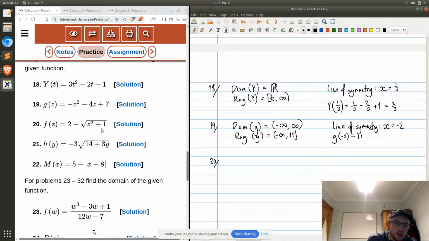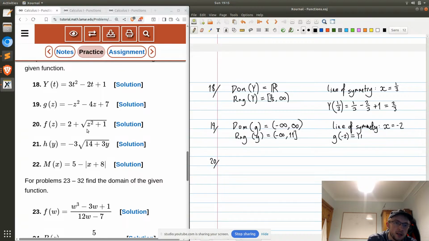While we're here, we'll try problem 20. So here we have a function 2 plus the square root of z squared add 1. Now, for the domain, you may see the square root symbol and think that I have to be cautious here, as you're not allowed to take the square root of a negative, at least in this context.